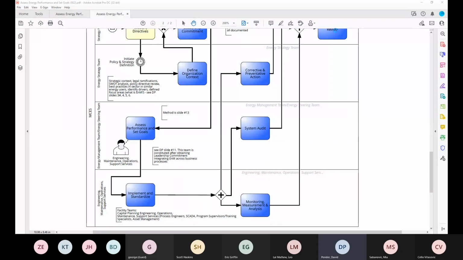We separately have started mapping out what we mean when we say assess performance and what the tasks and subtasks involved in that are. Because it's not just a matter of saying, let's pick a number, we're going to reduce energy by 20%. What we really want to do with the energy management system is take a strategic view and deliberate approach to targeting those energy savings and energy management opportunities that present the best value to the organization.